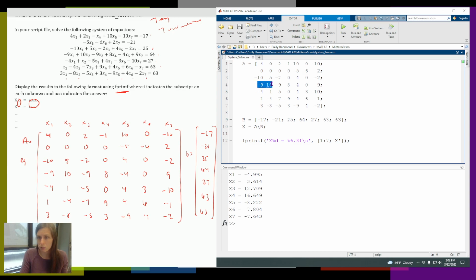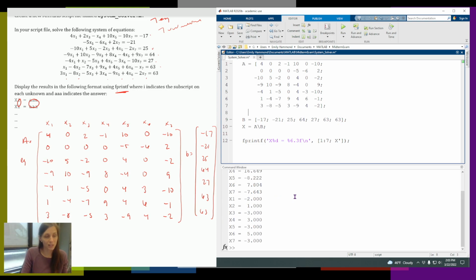Negative 9, positive 10, negative 9, positive 8, negative 4, 0, positive 9, 64. Then I have negative 4, 1, negative 5, 0, 4, negative 3, that's the number I'm missing. Negative 3, negative 10, and 27. And then 1, negative 4, negative 7, 9, 4, 6, negative 1. And then 3, negative 8, negative 5, 3, negative 9, 4, negative 2, and both those are 63.